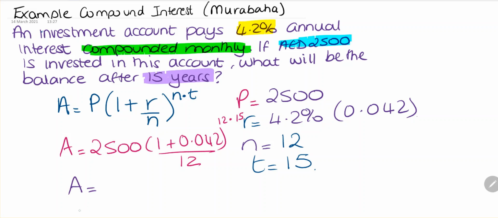This will be approximately 4688.87. Remember, to make it sensible, we need 2 decimal places or to the nearest hundredth. So this is in dirhams. So at the end of the 15 years, this is what we'll expect.